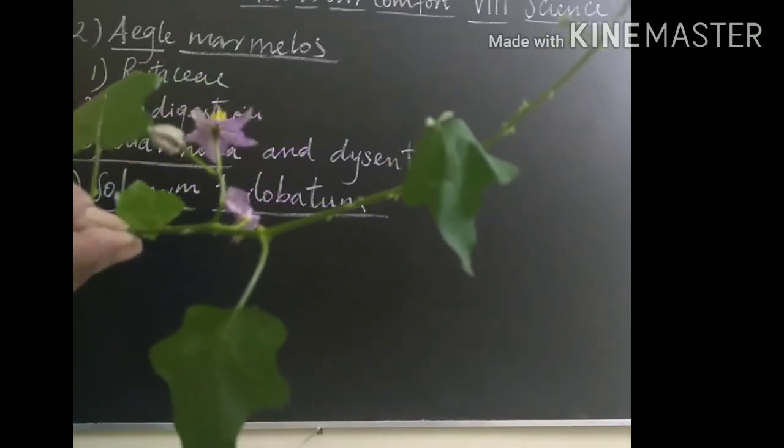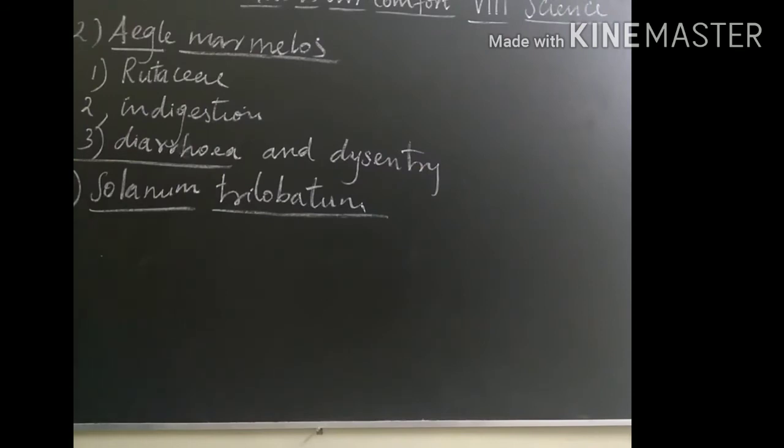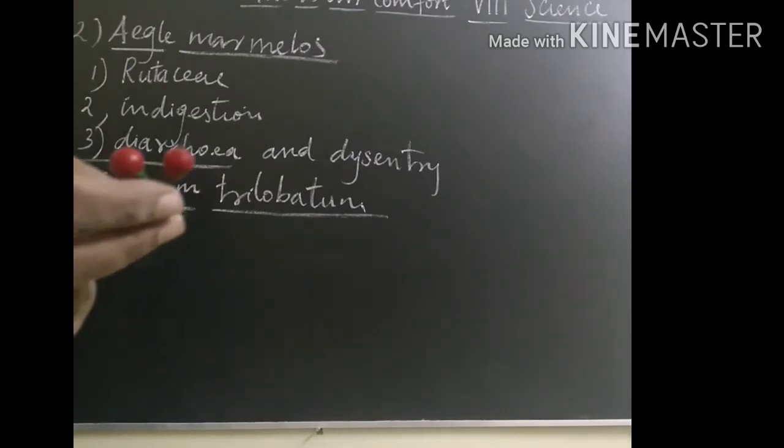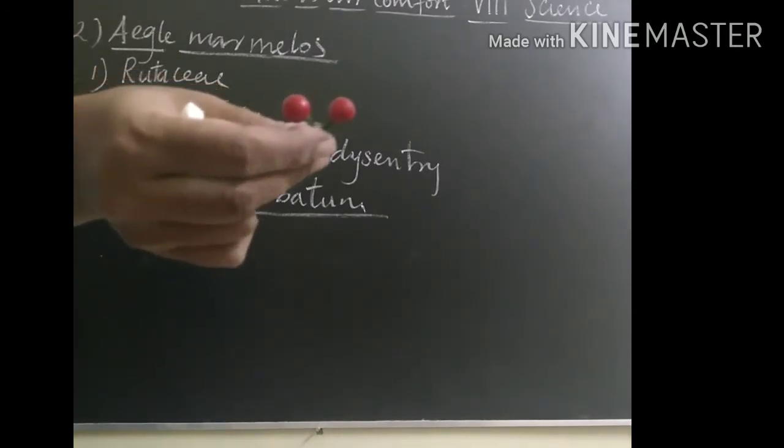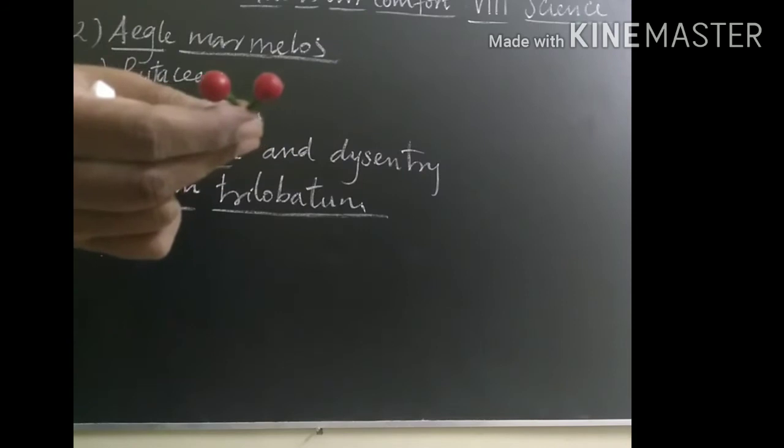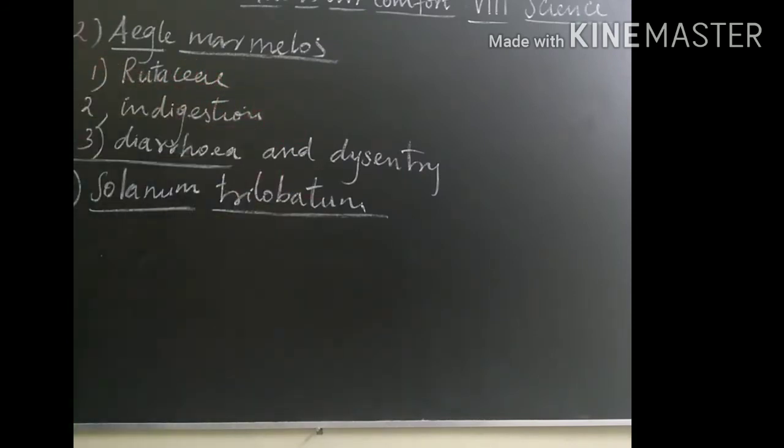See the flower of this plant. And fruits of this plant. Solanum trilobatum is Thoothuvadai. It belongs to the family Solanaceae.